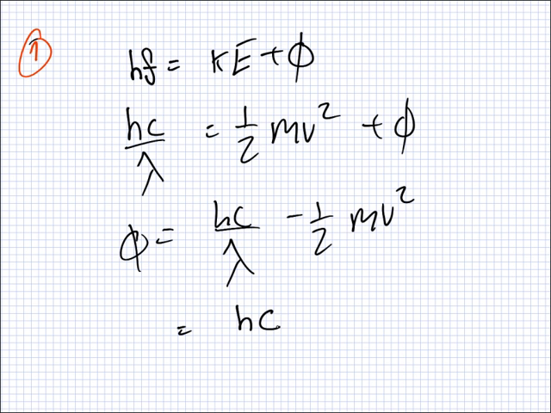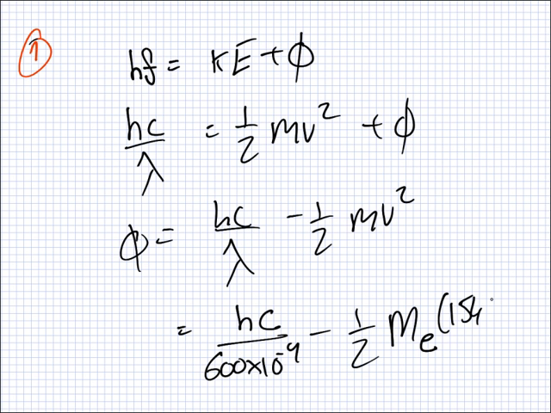h is a constant, c is a constant, lambda is 600 nano. m is a constant, it's the mass of the electron, and v is 154471 squared.